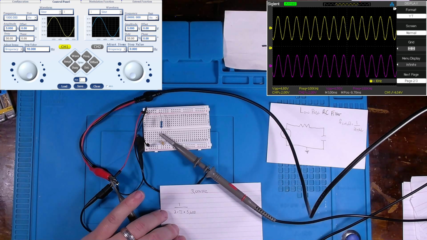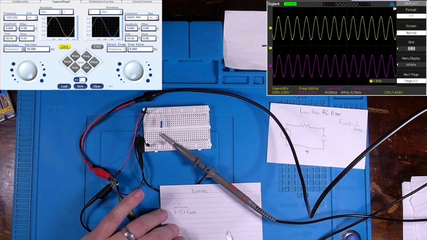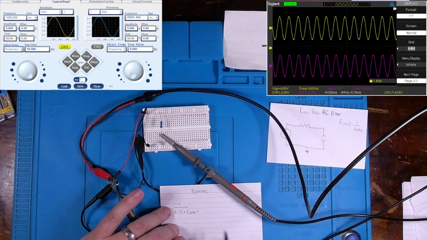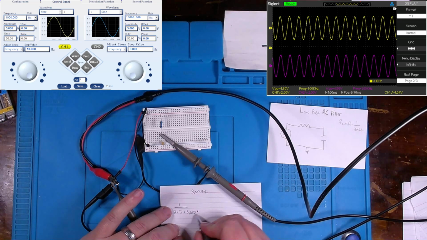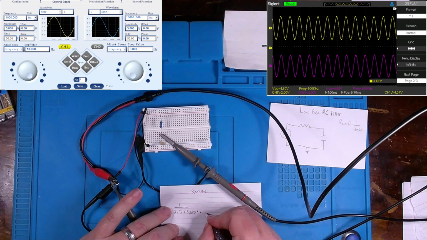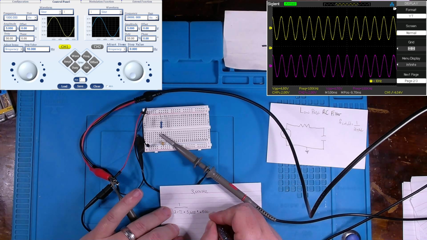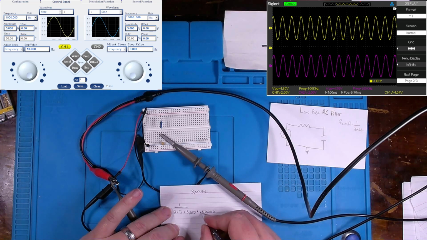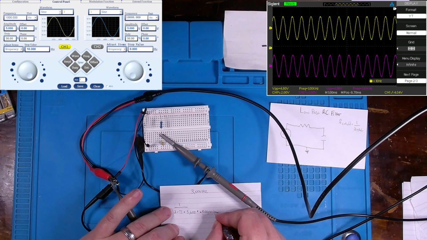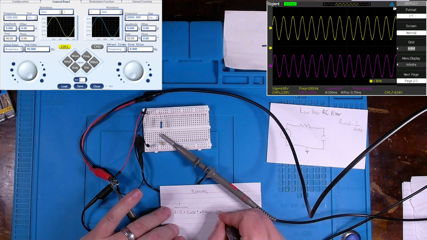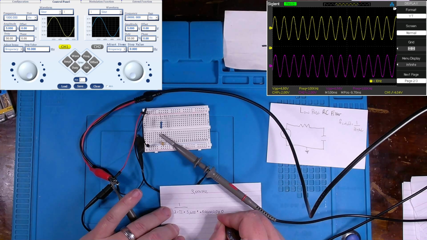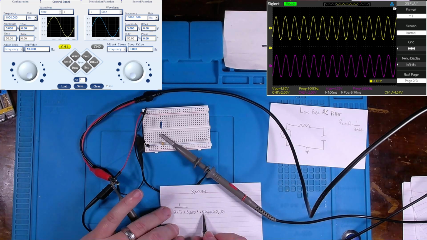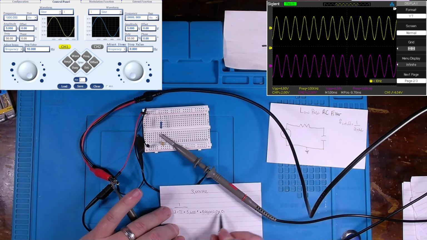I'd have to pull in a bit more for you to see, but, and then, well, our 10 nanofarad, so that would be 5600 times 0.00000001.